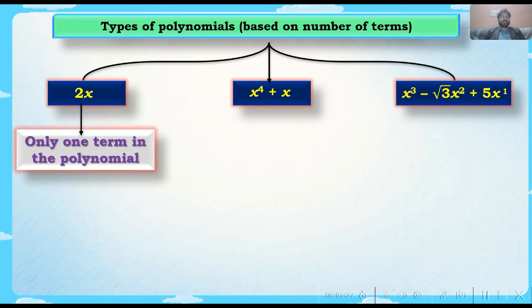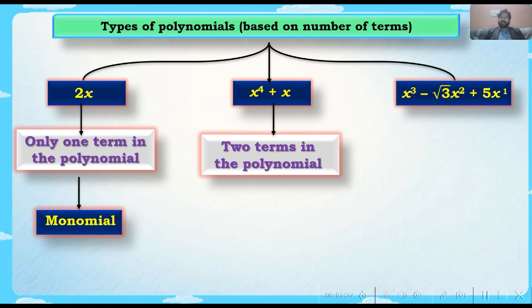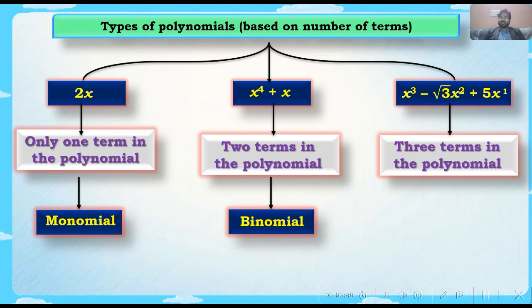So 2x only one term in the polynomial called monomial. X to the power 4 plus x, two terms in the polynomial called binomial, whereas three terms in the polynomial called trinomial.